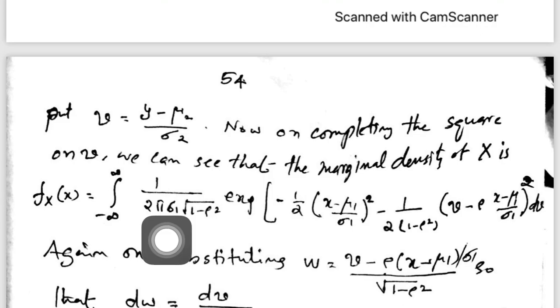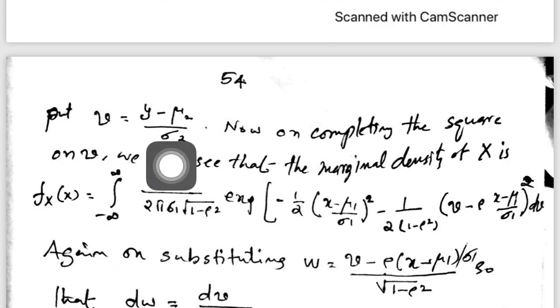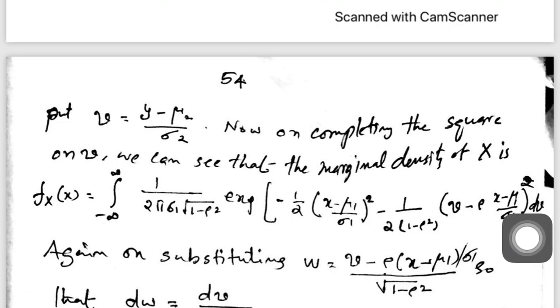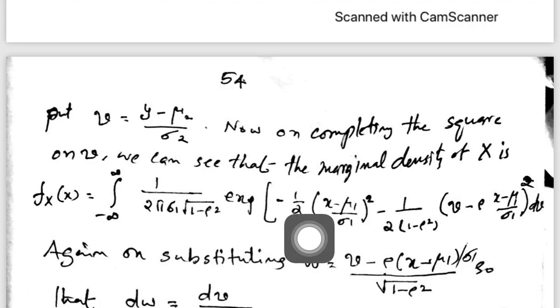Why does sigma 2 disappear? You can take this, sigma 2 into dv is equal to dy. Using that, you can cancel that sigma 2 in the denominator with the sigma 2 into dv. And on simplification, you will get this expression.